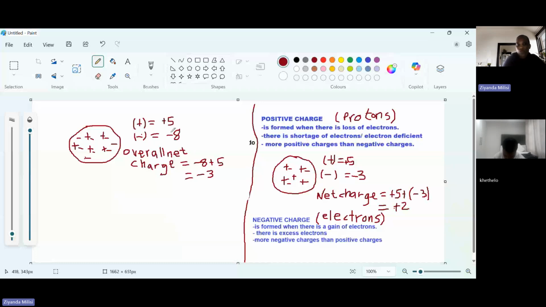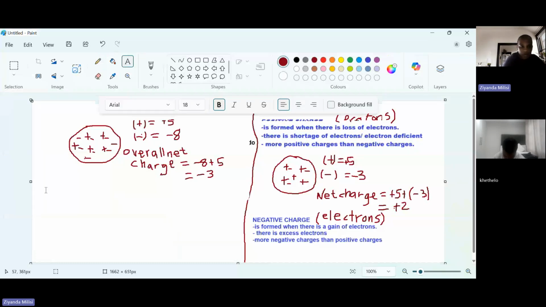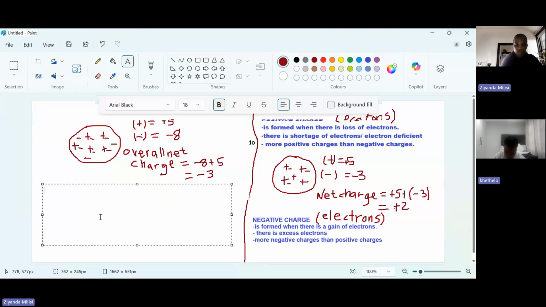Then we've got this particular object, which is a neutral object. I want you to understand the terminology here first before we engage in calculations.